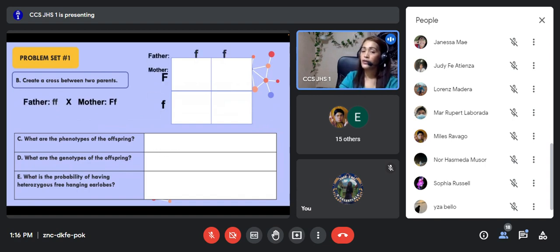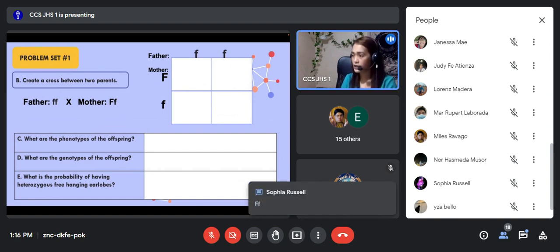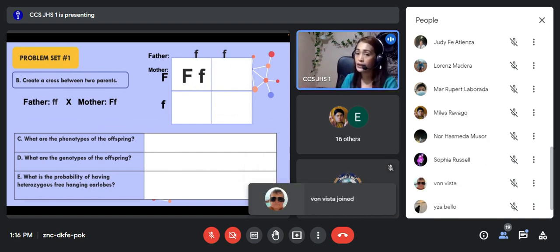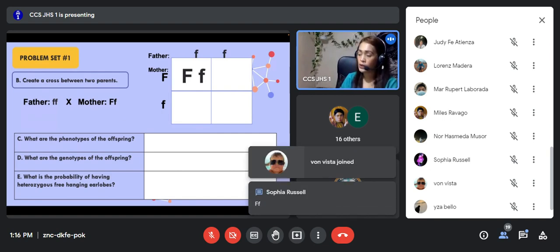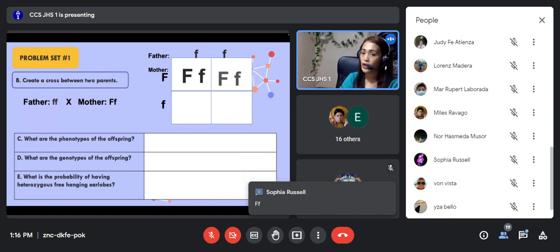What do you think will be the result here? Anyone who wants to try the first quadrant? What could be the result? Okay, correct. That's capital F and small f. How about the second quadrant on the right side? Okay, it's also capital F, small f.